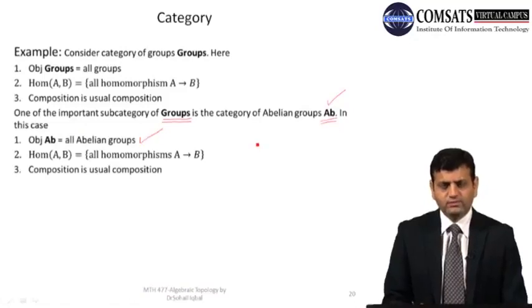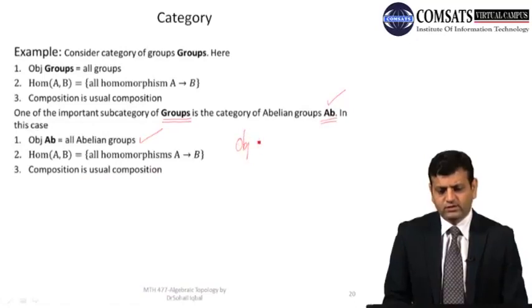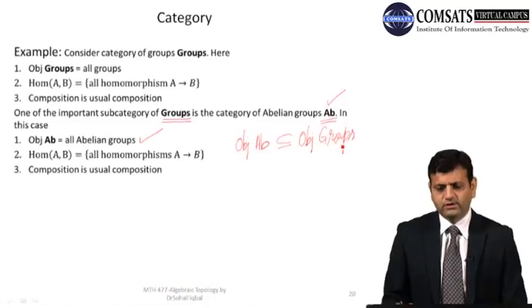The objects are all abelian groups, the morphisms are all homomorphisms from A to B, and composition is usual composition. Observe that the objects of AB are a subset of the objects of Grp. Every abelian group is a group, but of course the converse is not true.